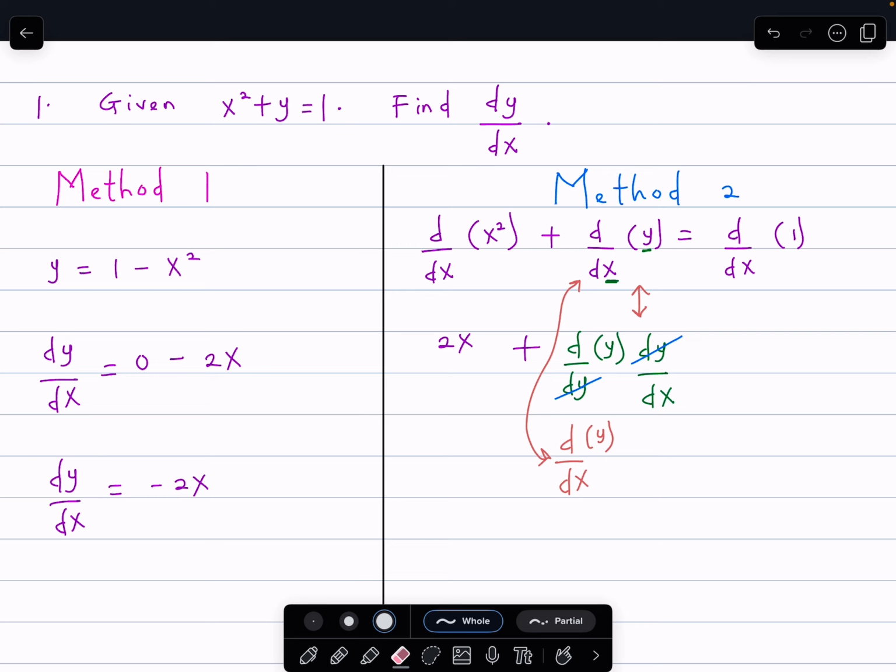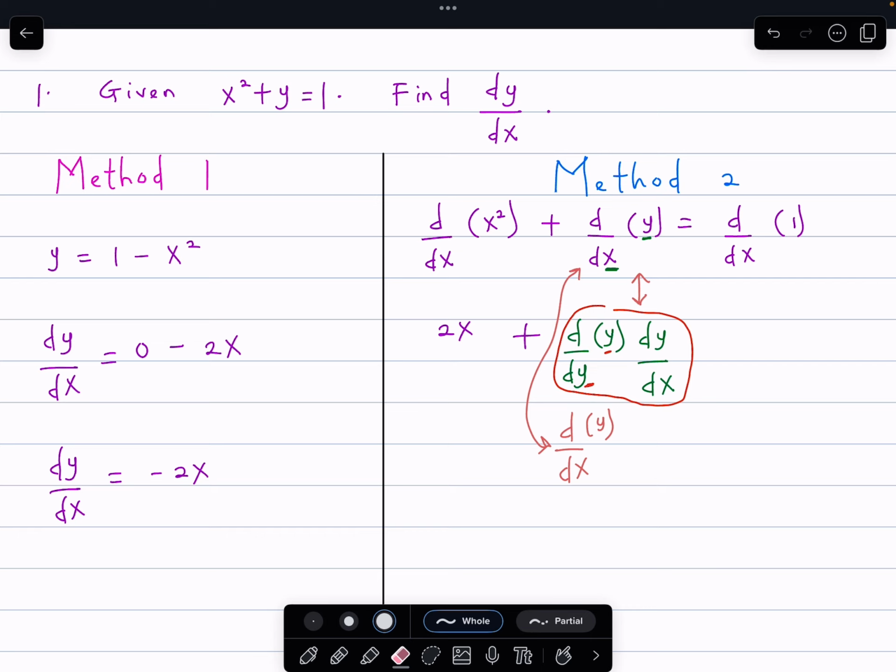Once again, the reason why I'm doing this is that I want this variable here and this variable here to match so that I can easily take the derivative. Do you understand? So now I'm just going to erase all this and move forward from here.